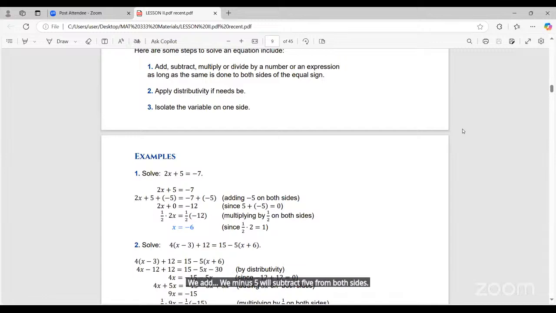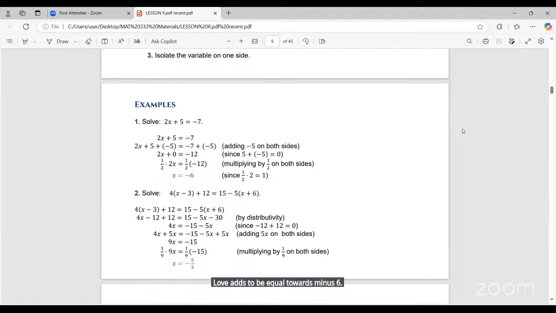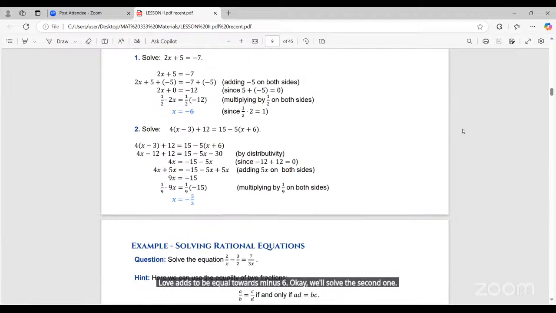We'll have 2x equal to minus 12. So we divide both sides by 2. We have x equal to minus 6. Okay. We'll solve the second one in the same manner.